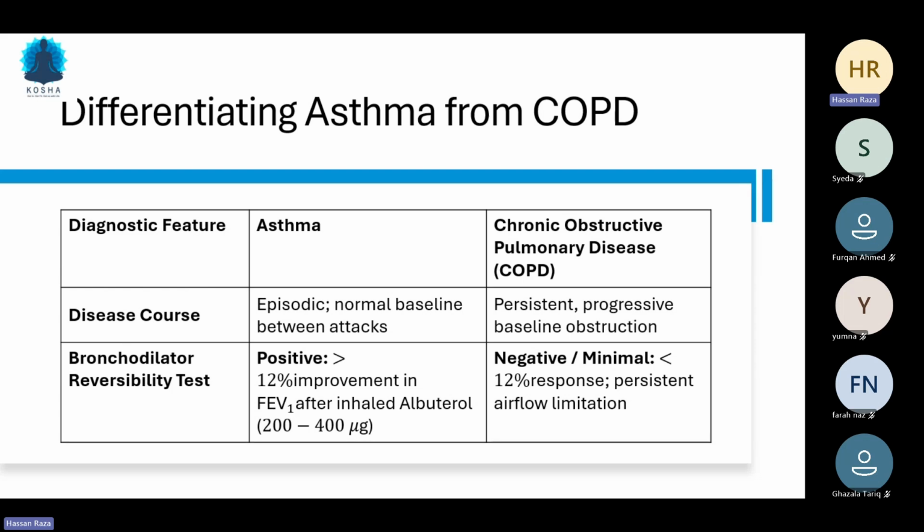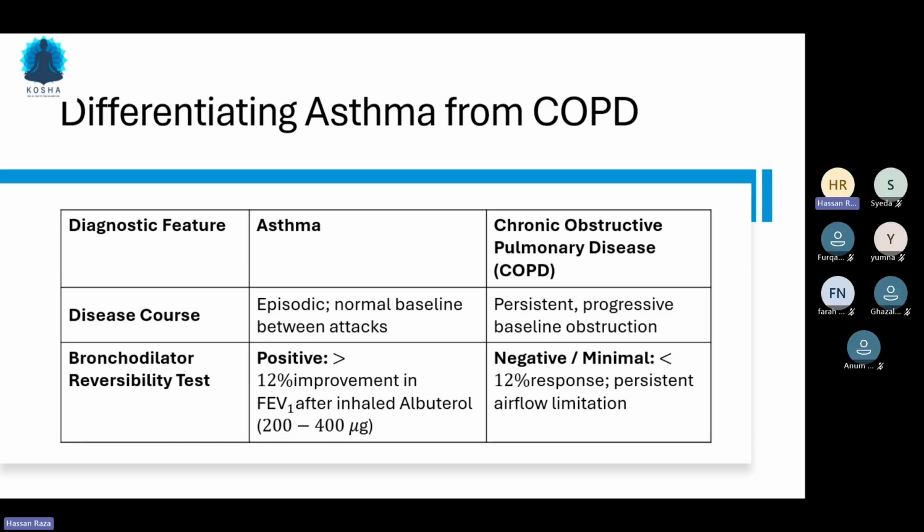Though there may be some improvement, there is no huge improvement in the FEV1 if you administer a short-acting beta-2 agonist. So this helps us differentiate between asthma and COPD.